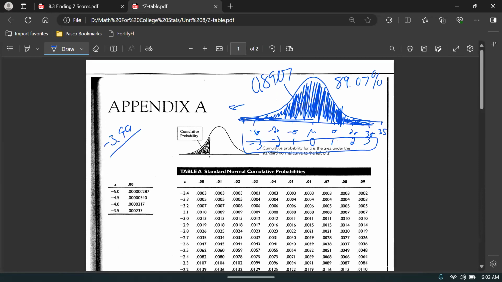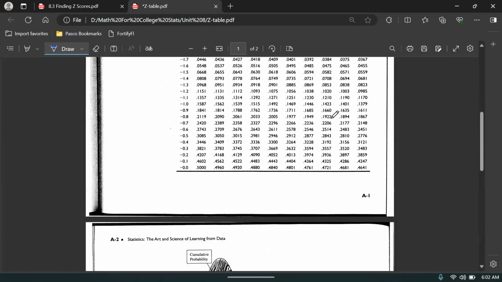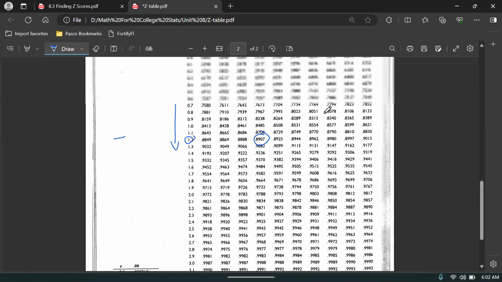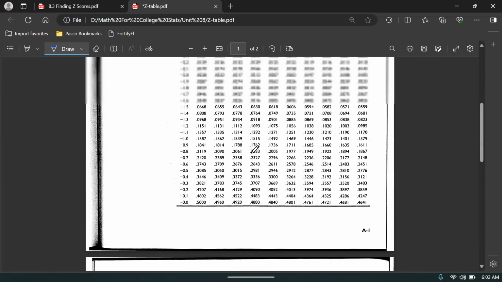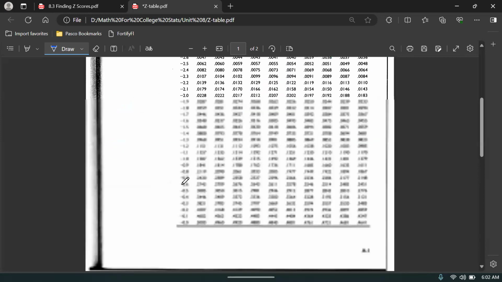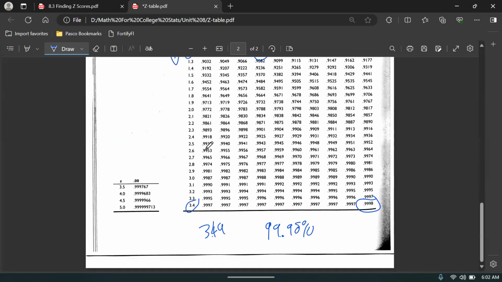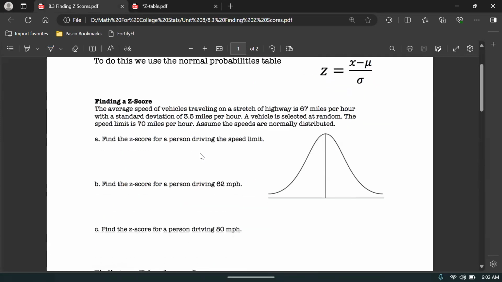So if you went from 3.49 down to the left side, you would cover 99.98% of the curve, almost the whole thing. That's the gist of how this works, and you can see all the area amounts filled in for any z-score you want, from basically negative 3.5 to positive 3.5.